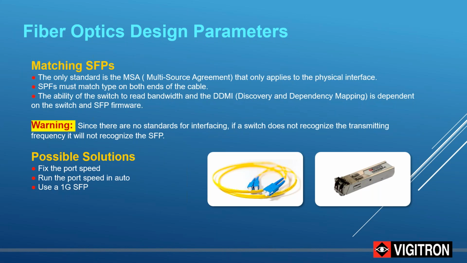But if it is contained in there, a convenient way of seeing if your SFP will interface with your switch is to plug the SFP into the switch and use the GUI of the switch to read the SFP. Again, don't assume that your switch will automatically detect the SFP. Okay? You may have to fix the port speed.